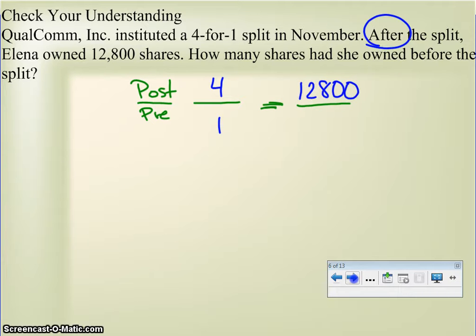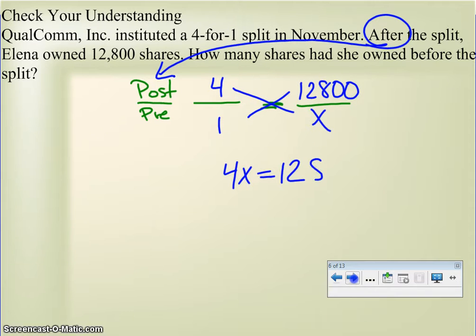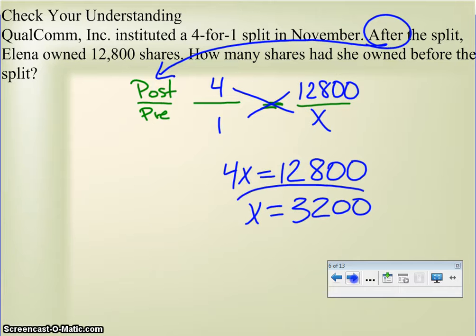So after indicates the post. So it goes on top, and the bottom is your pre-stock. Basic cross multiplying, I get 4x equals 12,800. So before the split, there were 3,200 shares of Qualcomm.